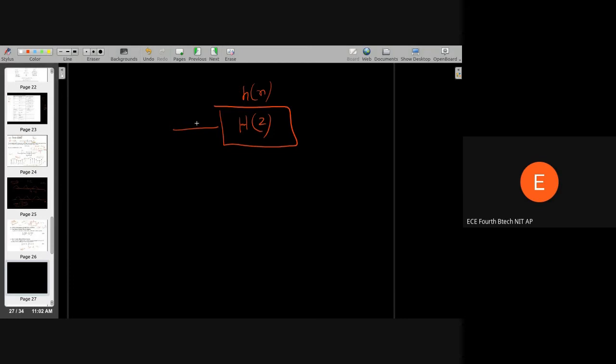I hope you at least are familiar or know the names of Laplace and Z. But this is an impulse response of the system, and this is what is called its corresponding Z transform or transfer function.